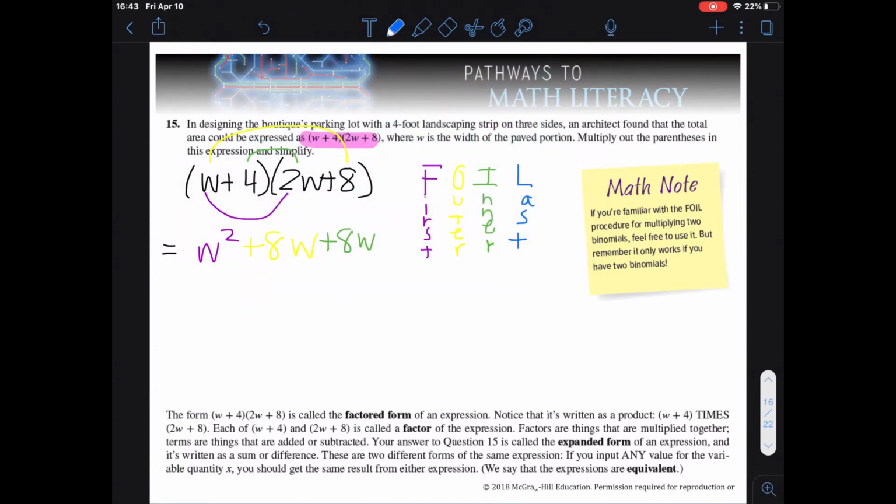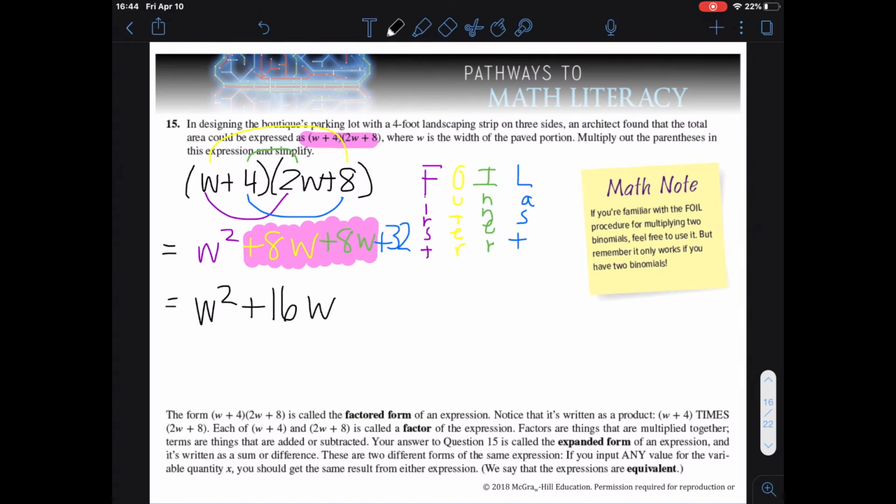And then L is the last, the 4 is the last, and the 8 is the last. Their product is 32. Then you group your like pieces. We have 8W and another 8W. So this simplified expression is W squared plus 16W plus 32.